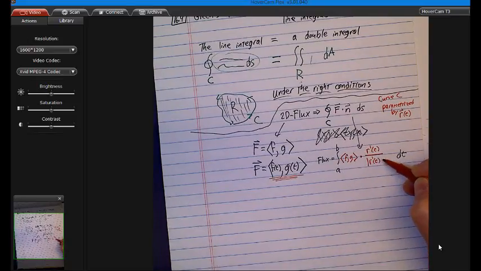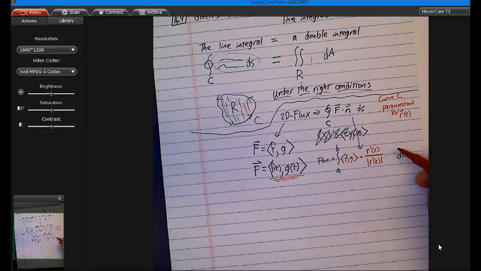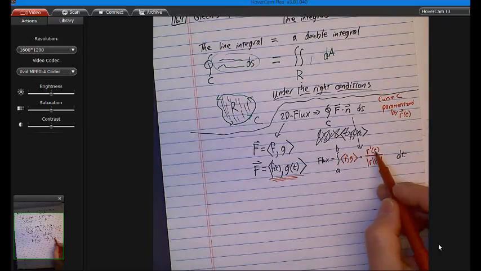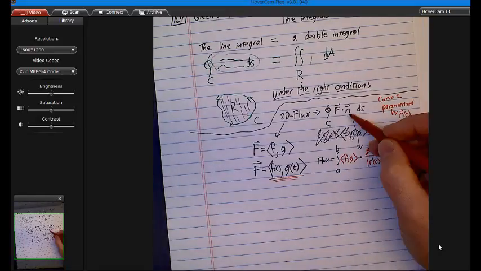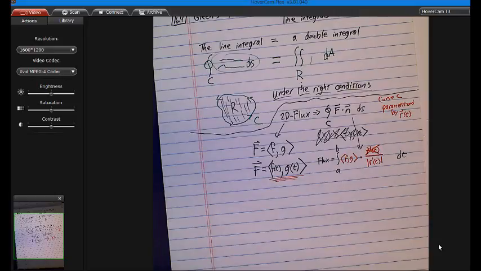Oh, but wait a minute. R prime of t is not right for us because we're doing the normal vector. To get the normal vector, I have to switch x and y, and I have to add a negative sign, right? Because it's negative reciprocal slope.